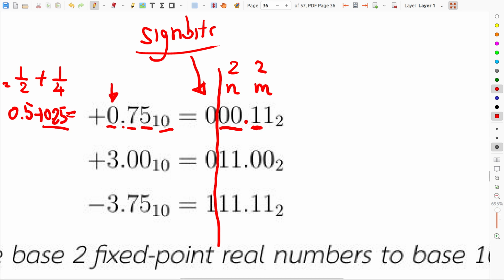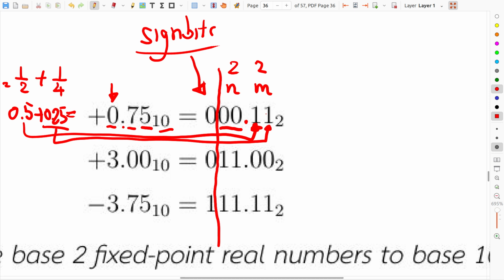And you can see this bit belongs to 0.5 and this bit belongs to 0.25. Finally the sign bit is 0. So it's 0 00.11 base 2.